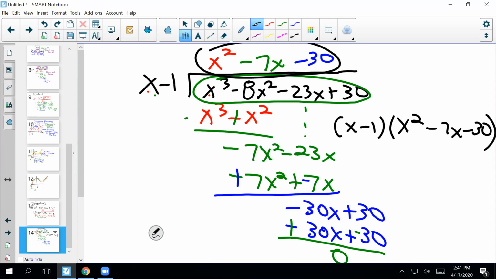And this factors even more. So we get x minus 1, x minus... we need two numbers that multiply to -30 and add to -7. I think 10 and 3 work. So minus 10 and plus 3.